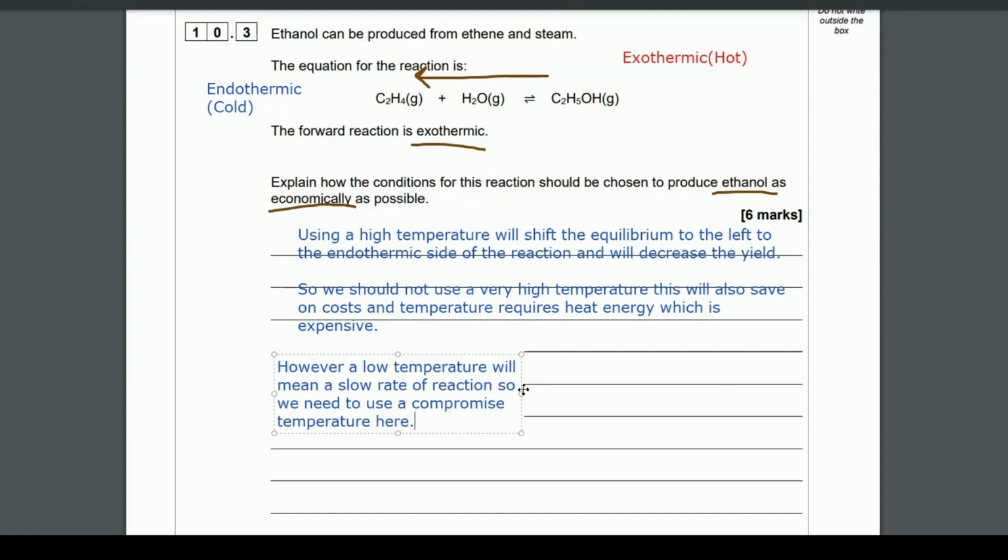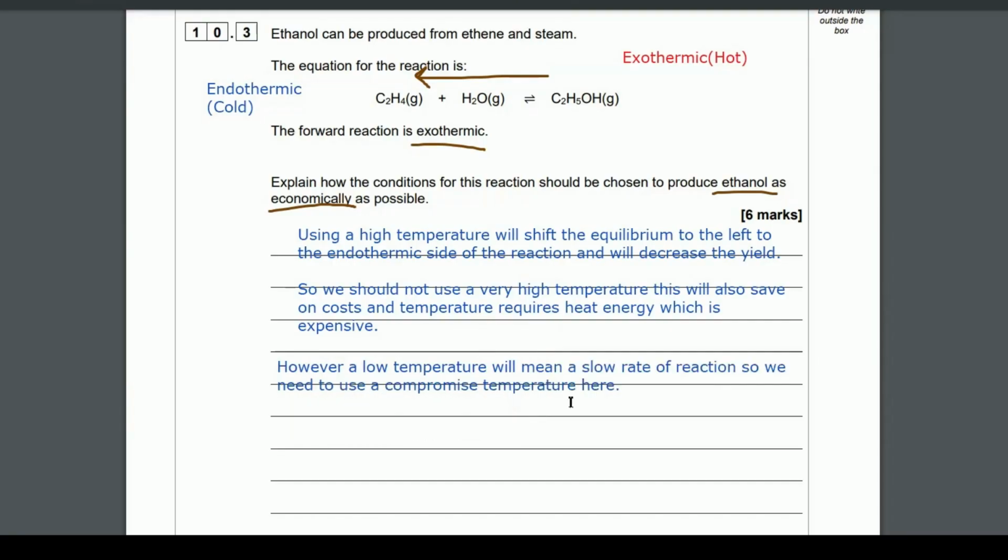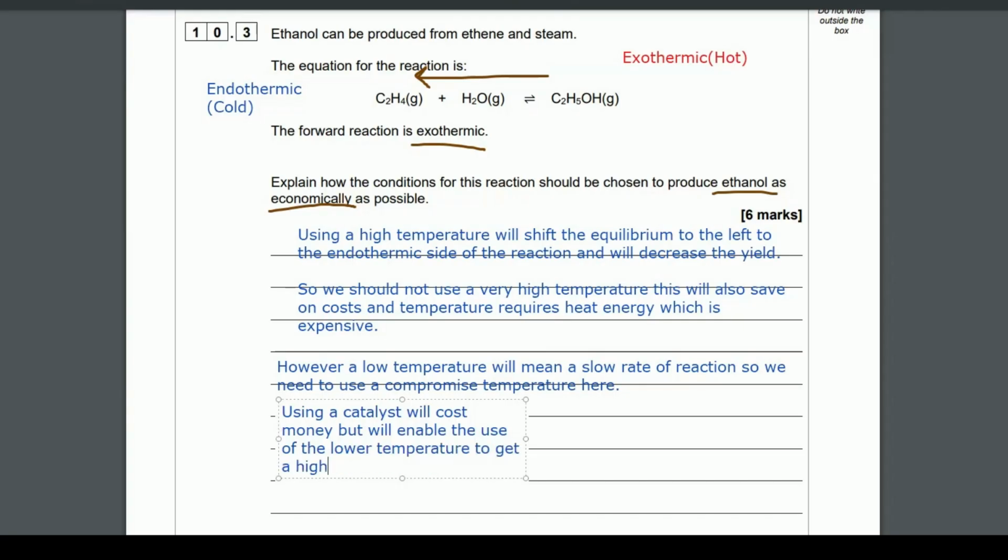So not too low, not too high. Okay. Using a catalyst will cost money, but will enable the use of a lower temperature to get a higher yield.